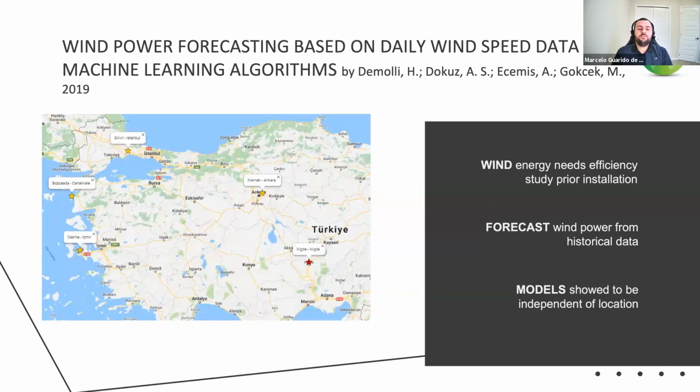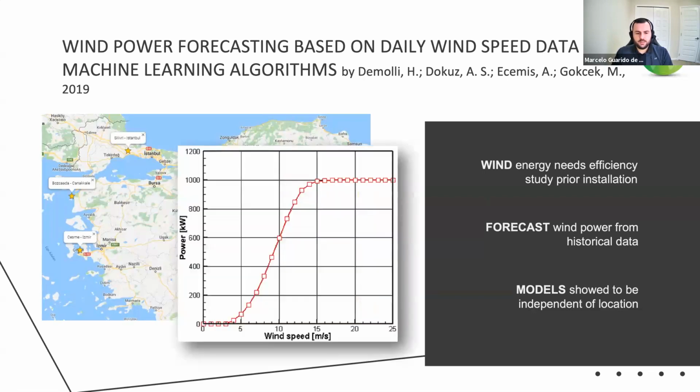And the goal of this project is they want to understand which area has the best wind forecasting that could be used to generate energy, because this is a plot of the wind speed by the power that is generated. So there is a minimum wind that you need to have to start getting power, like 4 meters per second.